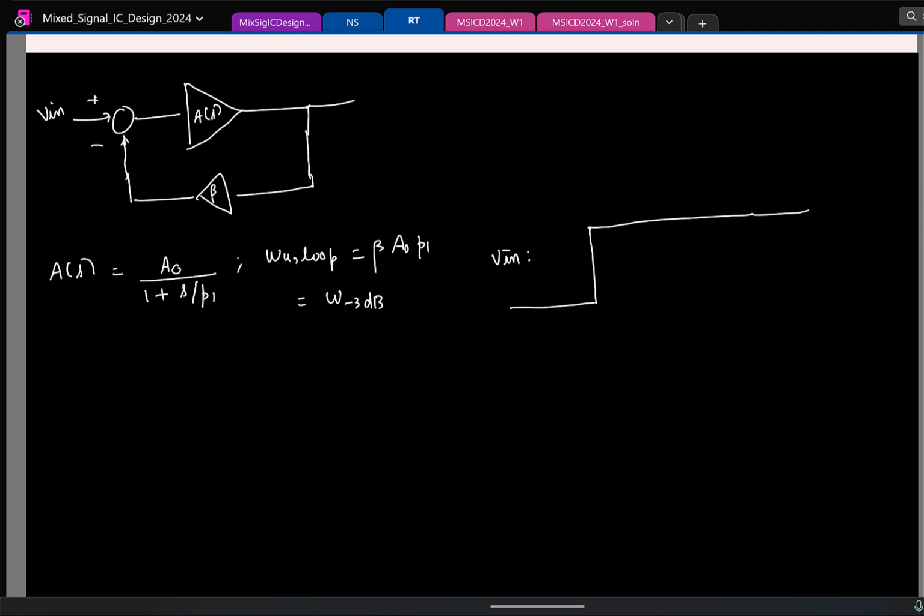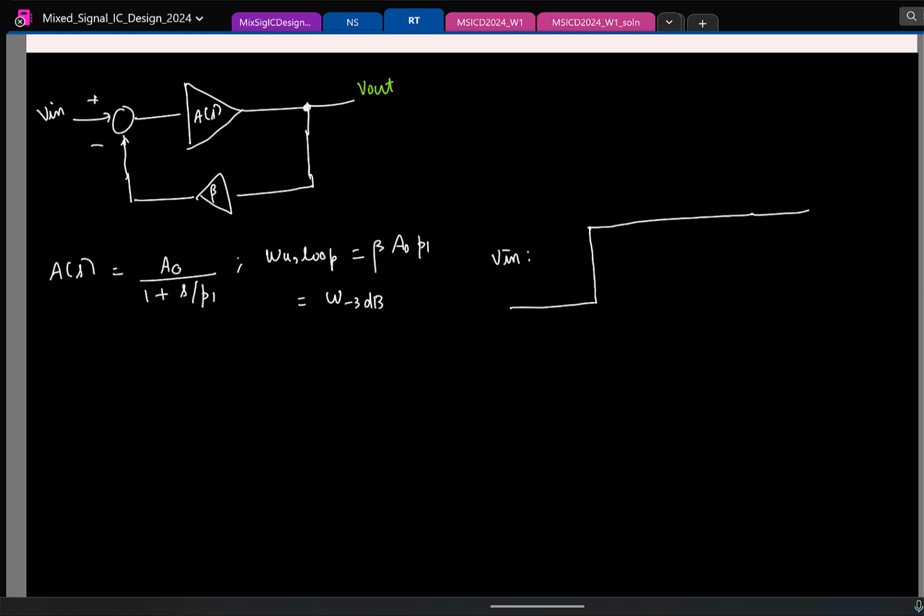What will happen to the output? If I say this is V out, how will V out look like if there is no pole in the system? It's constant. I mean, the input is having a step jump like this. So how will the output look like?